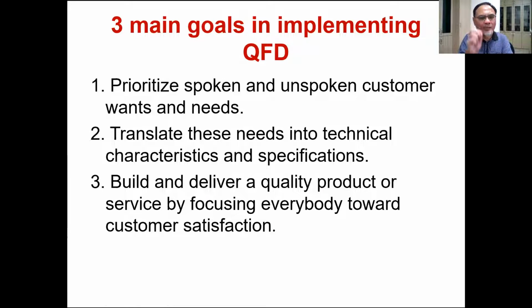So you can prioritize spoken and unspoken customer wants. That's what I said just now. Spoken is something they will express, but there are things which customers cannot express in engineering language. They only express in their layman terms, their layman language or words. So QFD will be able to translate those needs into technical characteristics and specifications.